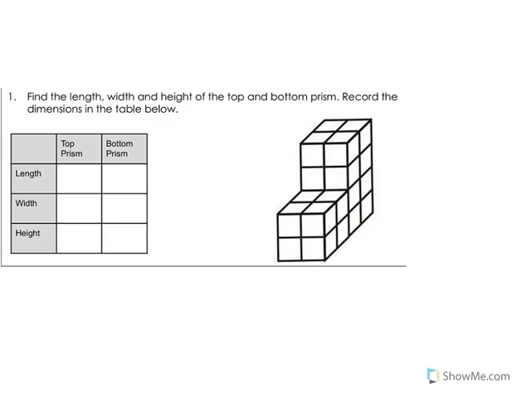Okay, first things first, when we look at this prism, we can see it is not a regular prism because the height on one side of the prism is different from the height on the back side of the prism. So this isn't what we call a regular prism. This is an irregular prism, or what we could also call a composite figure.